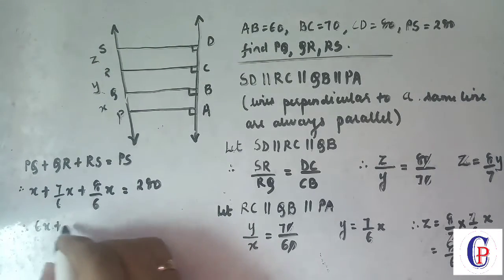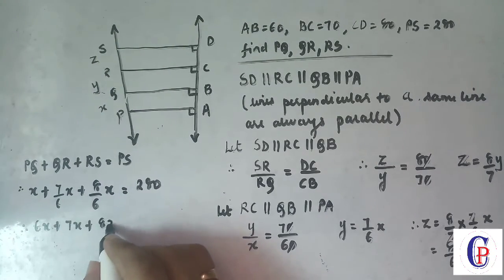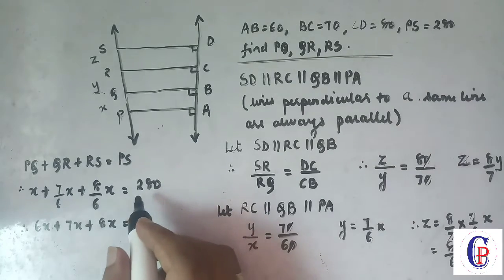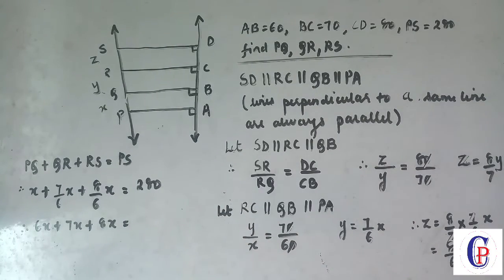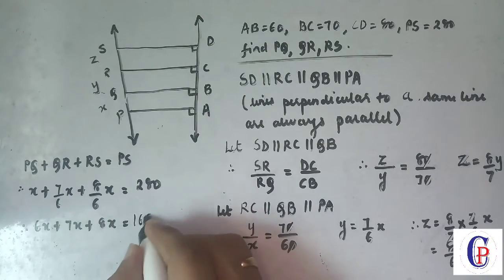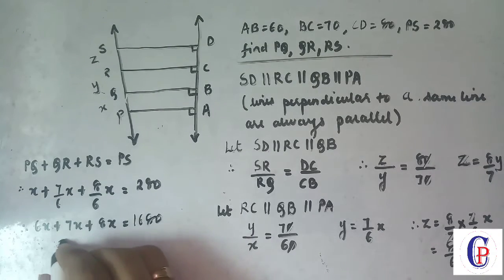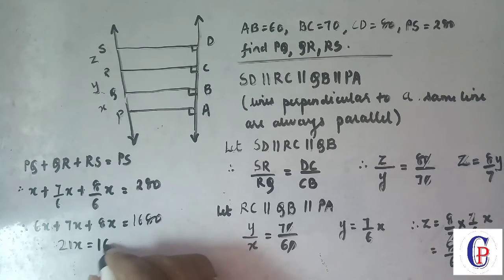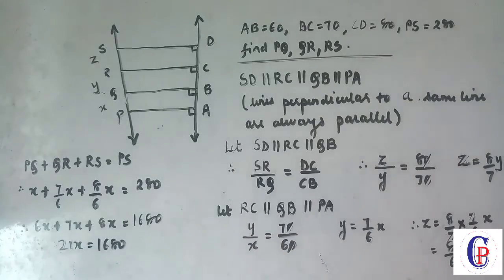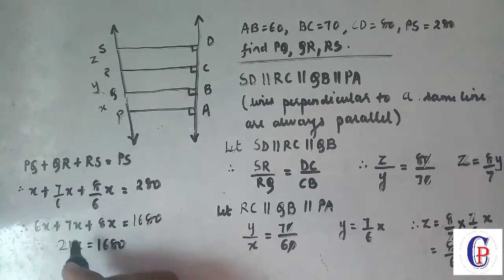So we get 6X plus 7X plus 8X is equal to 280 into 6, which is 1680. Adding: 6 plus 7 is 13, 13 plus 8 is 21X is 1680. If you divide this by 21, we get X as 80.